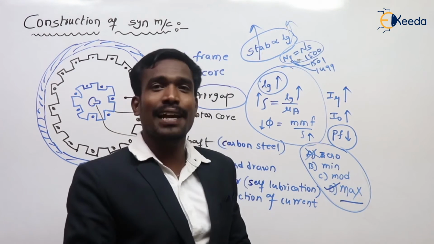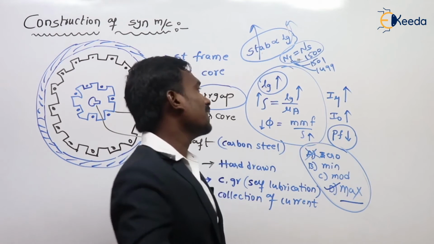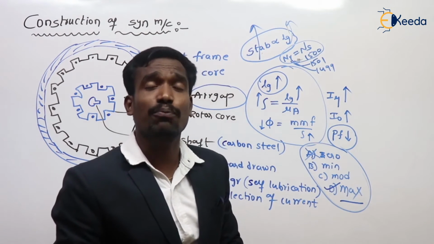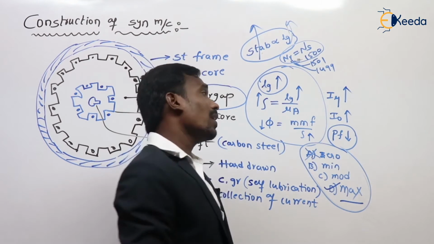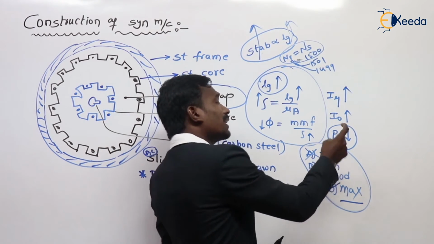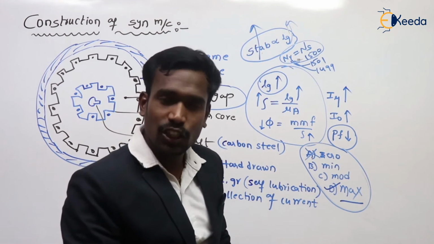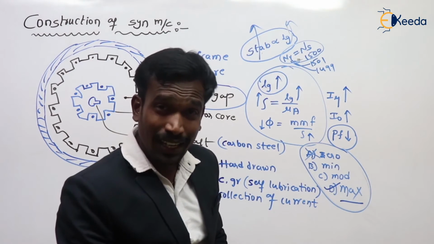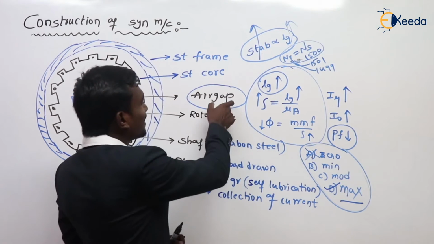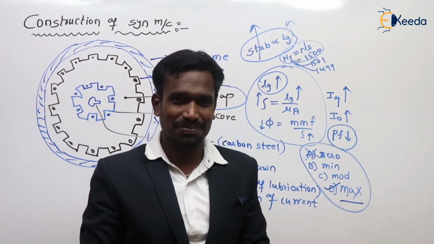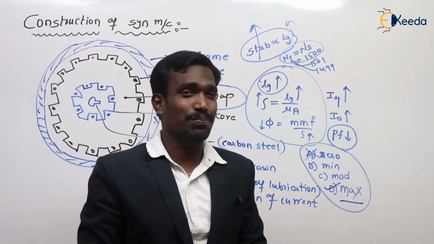By changing the excitation, we can control the power factor. This is the advantage of my synchronous machine. That's why we can improve the power factor by changing the excitation. Are you okay? This is the theory of air gap.